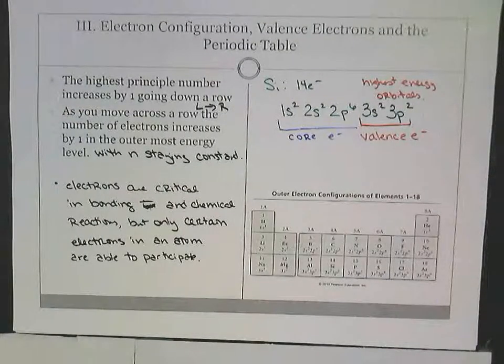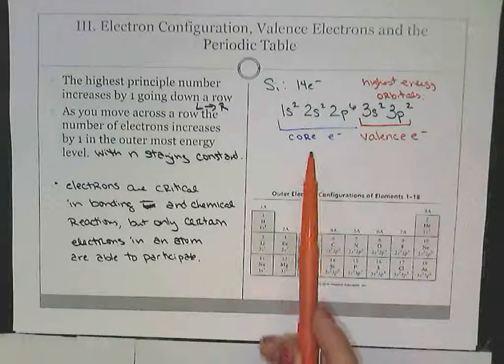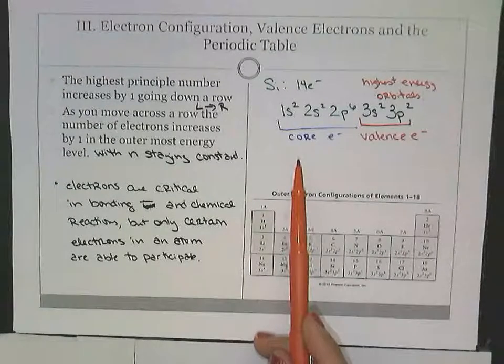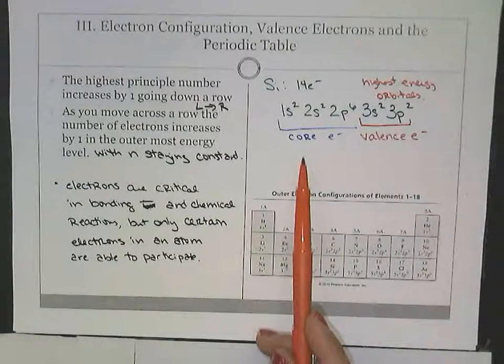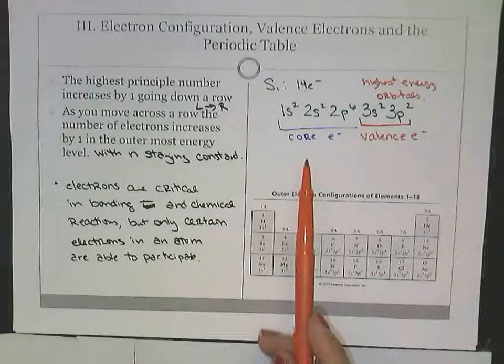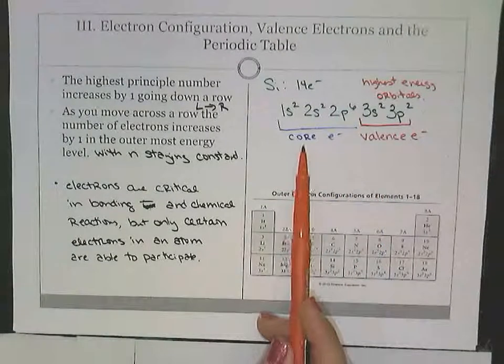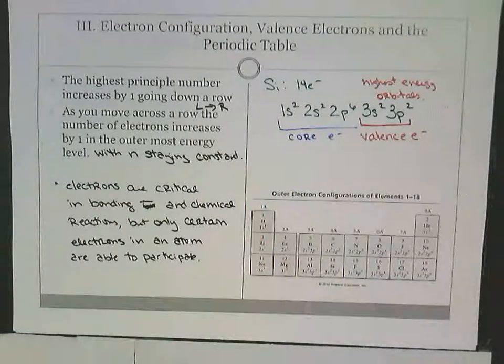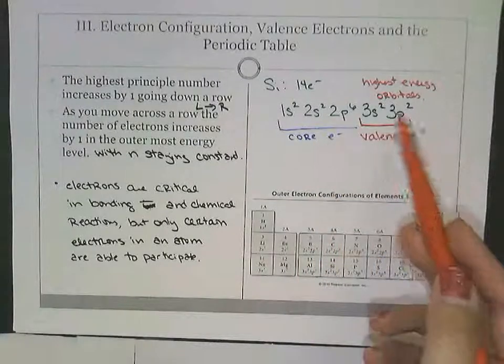Core electrons are not available to do chemistry, but why do you need them? You have to have the valence, and what would happen if I took out those 10 electrons? It won't be neutral anymore, right? It would be supercharged. So we need the core electrons to stay neutral, and so that the electrons in the higher energy levels stay in the higher energy levels.